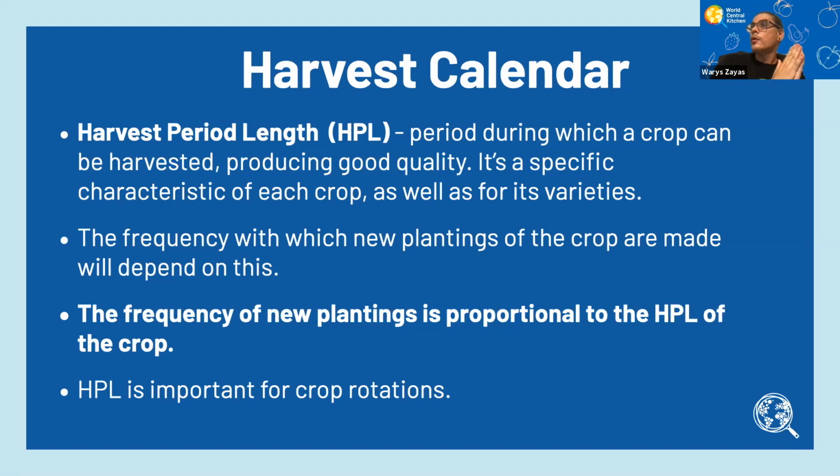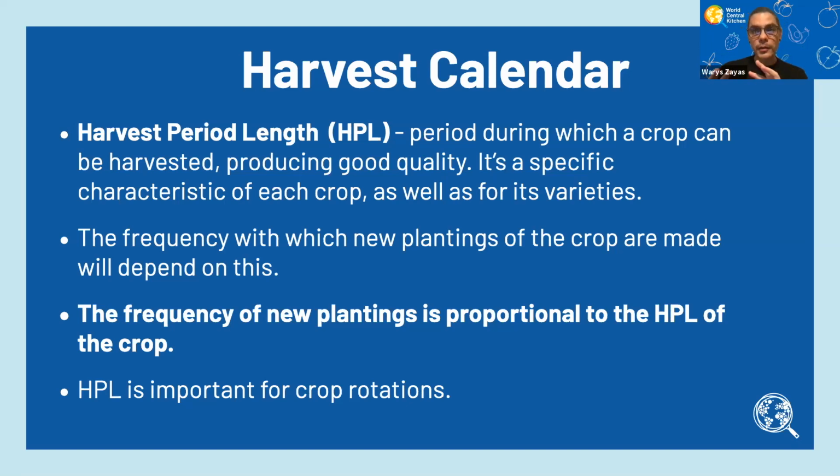To explain this in simple words, if you have any crop X, you can harvest it for a period. For example, we will use eggplant. The eggplant takes up to 3 months on average to start the harvest. But once you start, the HPL for this crop extends on average for 6 weeks, during which you can harvest eggplants with commercial quality, right? So that would be your HPL.